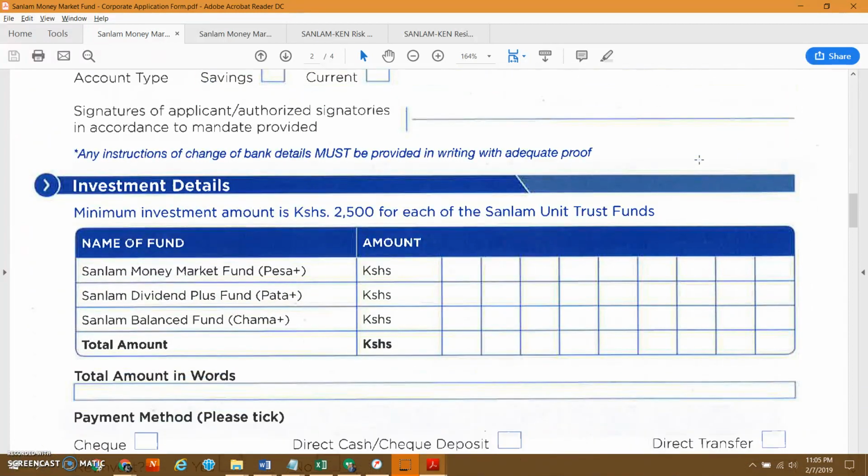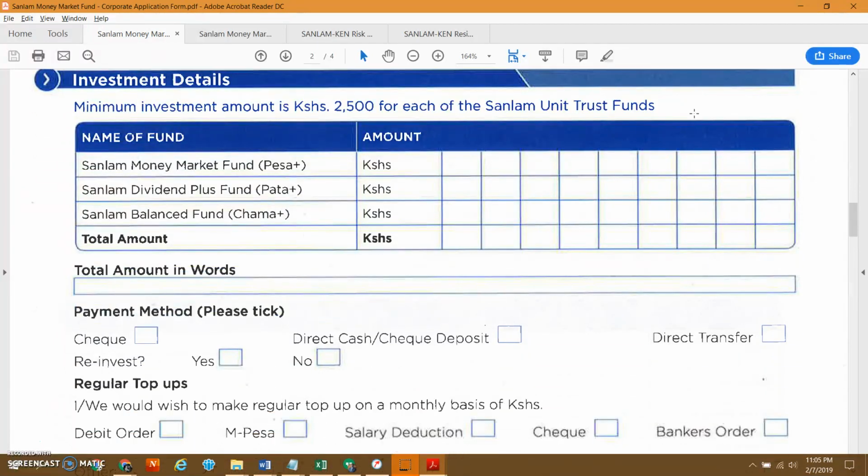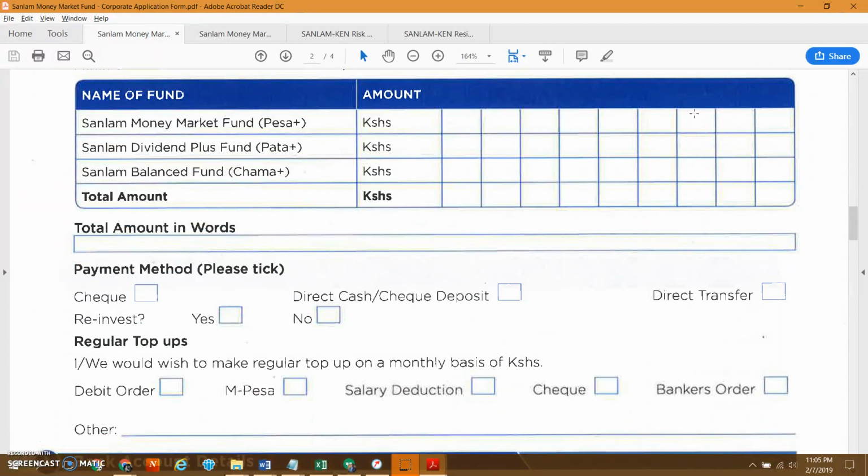I think under investment details, this remains the same, just to re-emphasize the message that you need to automate your investment decisions. Don't rely on your willpower or your discipline to let the power of compounding increase your wealth. I see something different in this form in regard to regular top-ups, which you need to indicate.